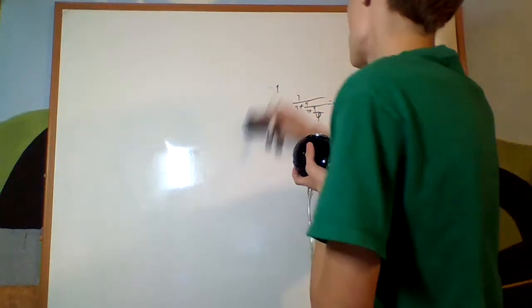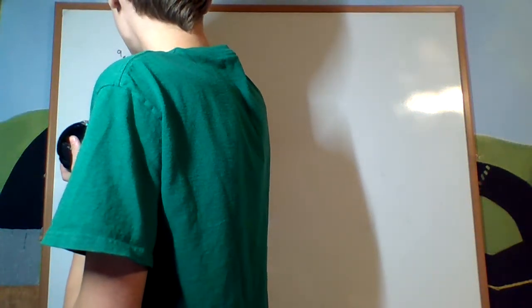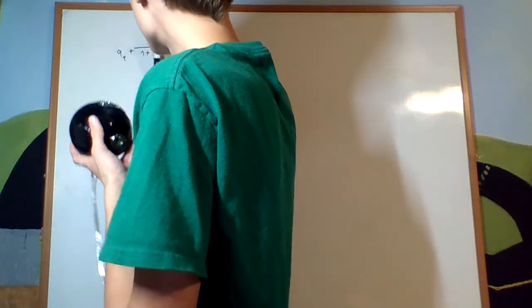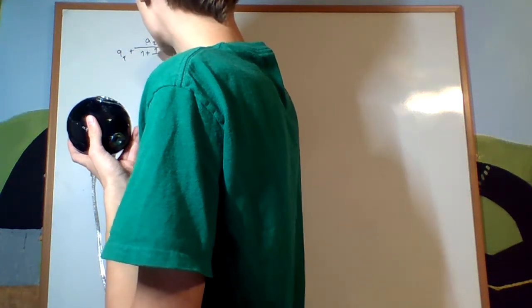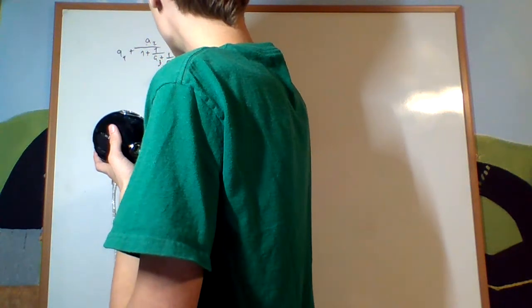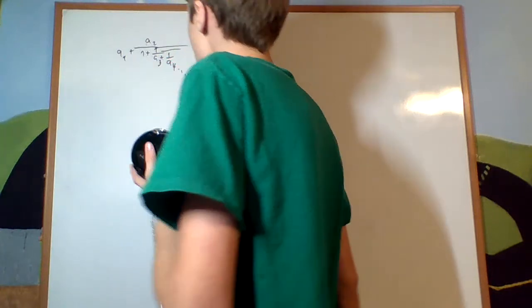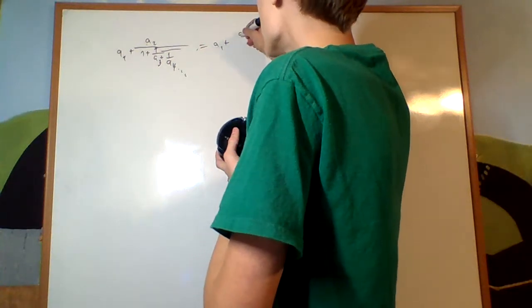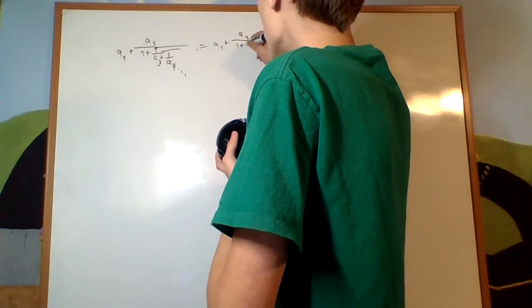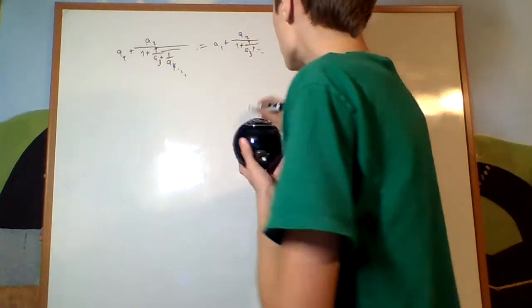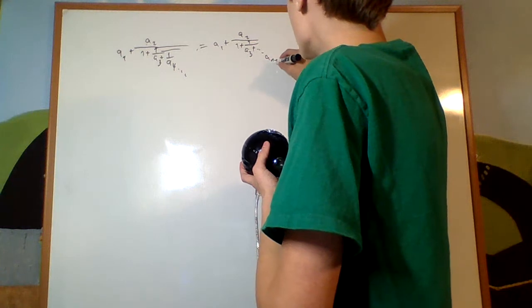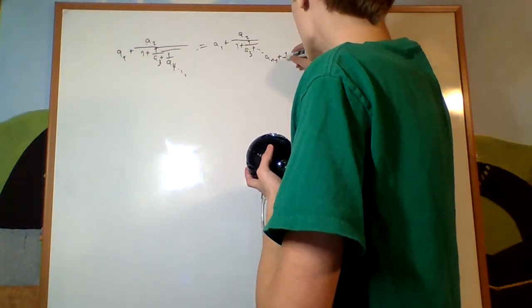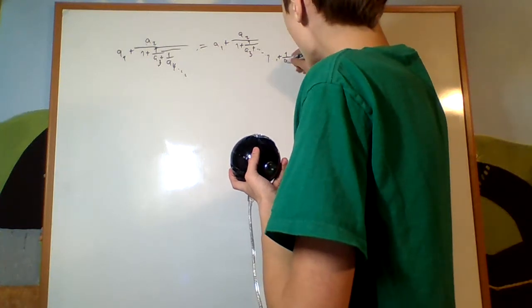By an infinite fraction, if I have a1 plus 1 over a2 plus 1 over a3 plus 1 over a4, and so on, then I'll define this to be equal to a1 plus 1 over a2 plus 1 over a3 plus, and so on, until I get a(n-1) plus 1 over an.